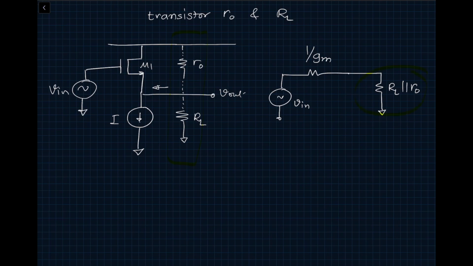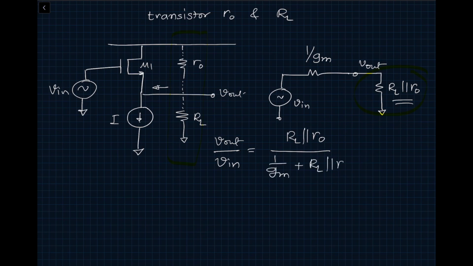So now we can calculate the new gain, which is V out over Vin. It is going to look like a resistive divider. V out is across this, and then we have 1 over GM in series, so it's going to look like RL parallel with R out divided by 1 over GM plus RL parallel R out.